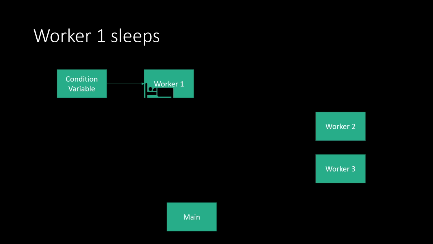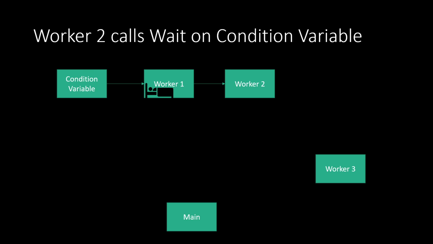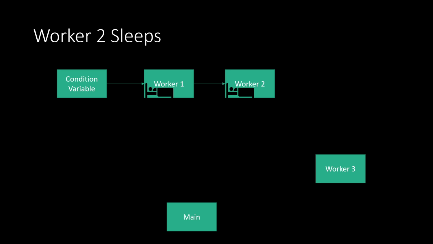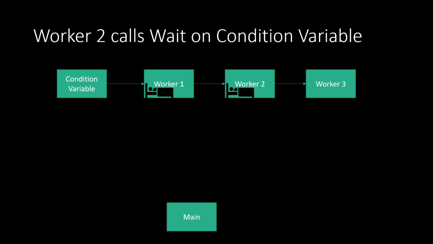So they execute the same logic. Worker 2 calls wait, gets added to the queue associated with the condition variable, and goes to sleep. Worker 3 calls wait, gets added to the same queue, and then goes to sleep.